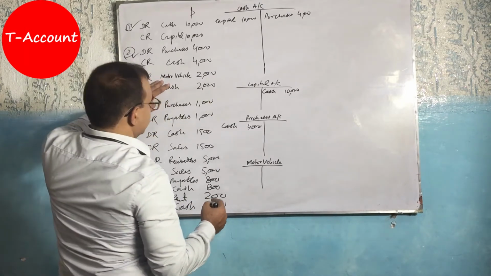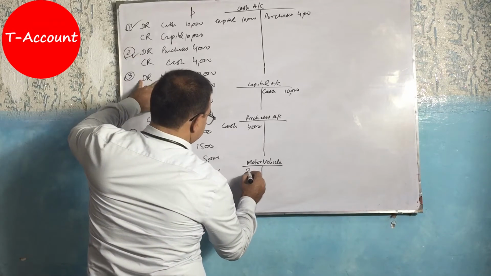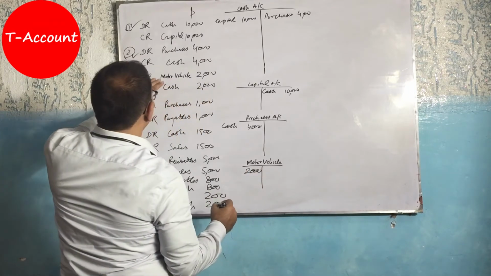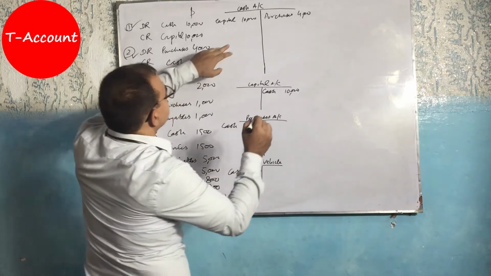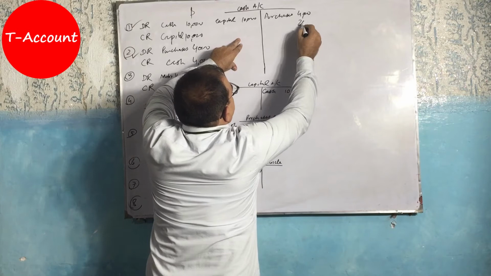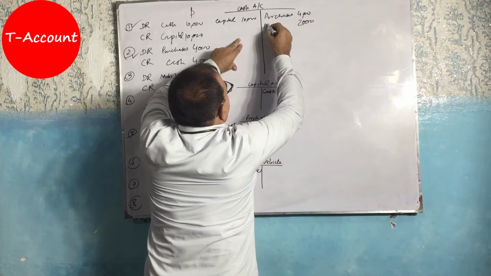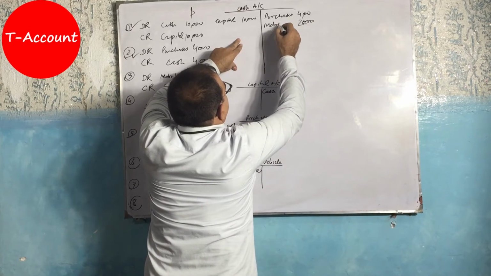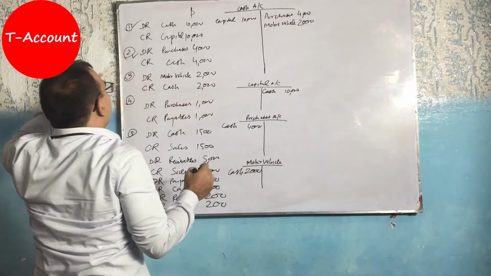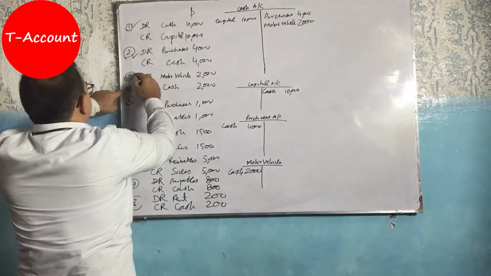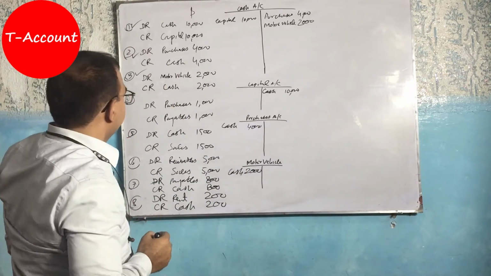Increase in asset is debit 2,000. Against what? Cash. We spent 2,000 cash on what? Motor vehicle. So entry 3 done. Entry 4, purchases.